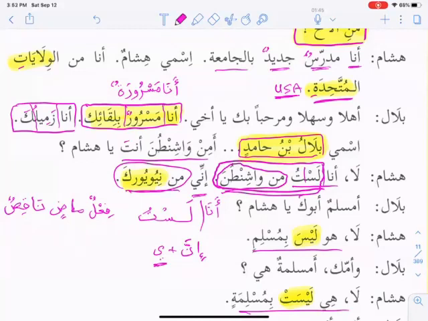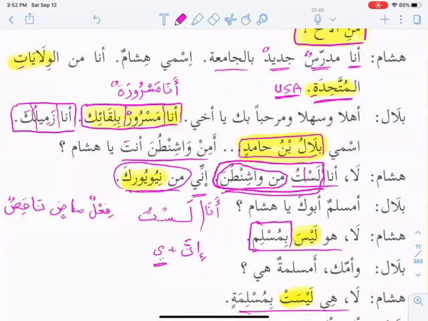A muslimun abuka, ya Hisham? La. Huwa laysa bi muslimin. Now here is something you will have to understand. Laysa bi muslimin. Bi will come in the noun which follows Laysa. It comes in the Quran also, all the time.